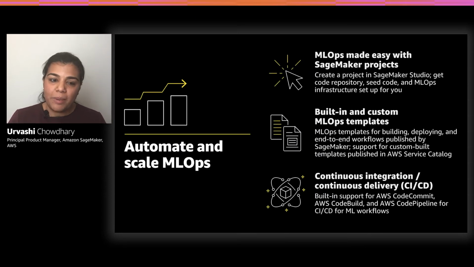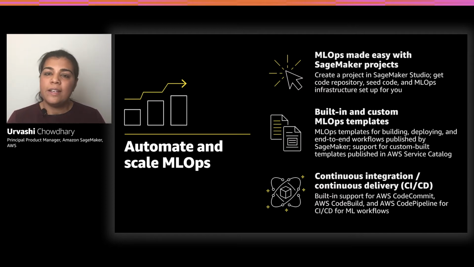In order to automate and scale MLOps, Amazon SageMaker Pipelines has a new concept of SageMaker projects. You can create a project in SageMaker Studio and use a built-in MLOps template that sets up the entire CI/CD infrastructure for you.